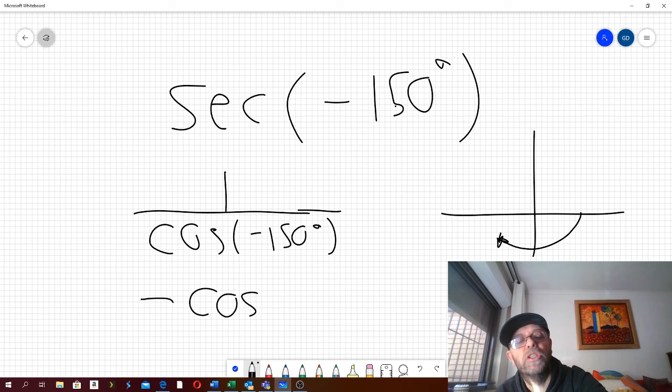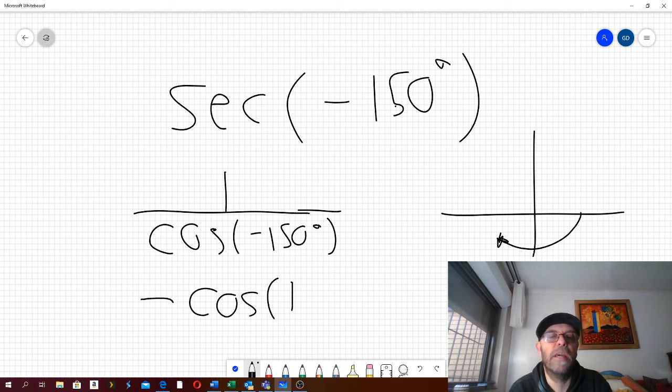Sorry, let me say that again. The negative cos, because cos is negative there, so let's find out what the angle is.